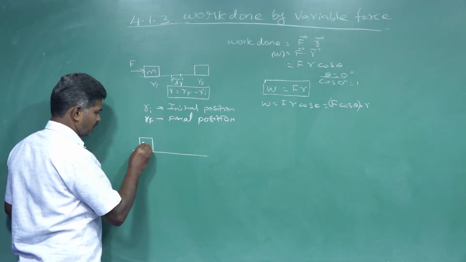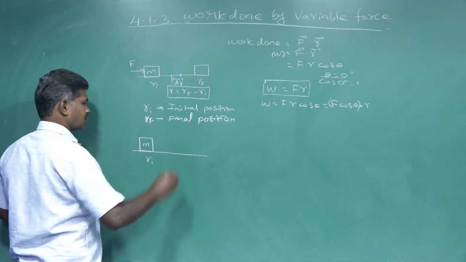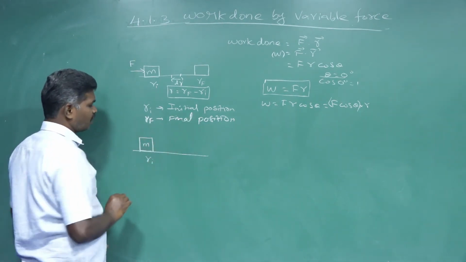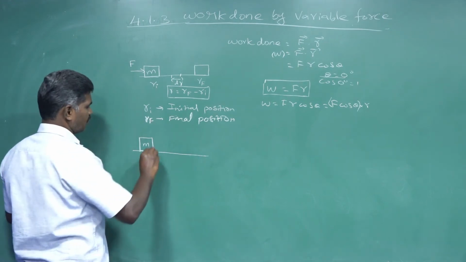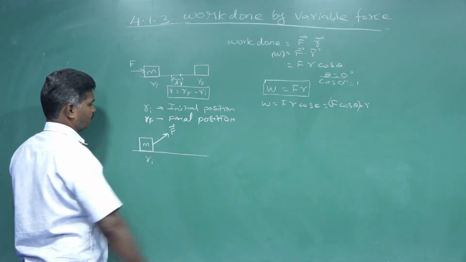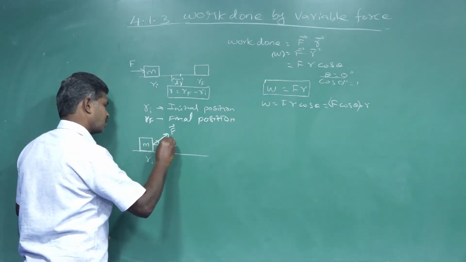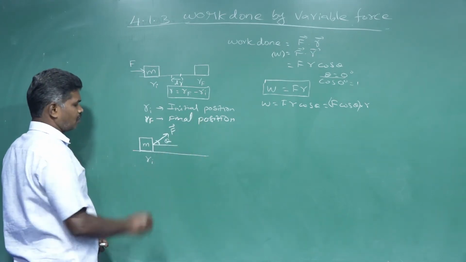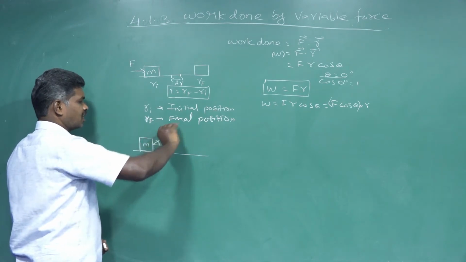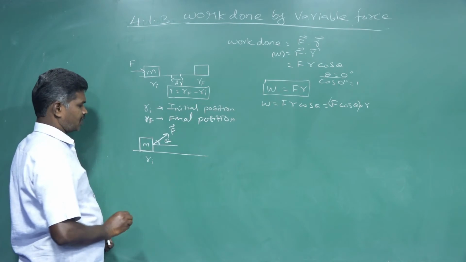Now we are going to take a component of that force. We have an m mass object. Its initial position is Ri. We are applying a force not in the same direction as the movement, but at some other angle. F vector makes a certain angle theta with the movement. So our pushing force on the object has a certain angle with our displacement direction.